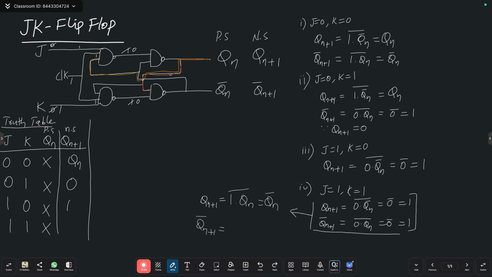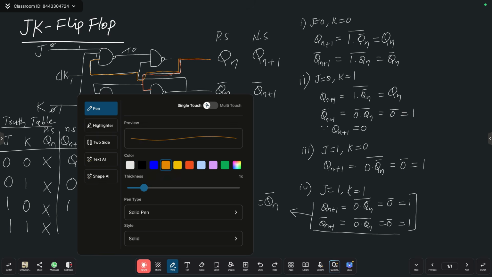If you do the same way for Qn plus 1 bar, again what do we need to take? 1 into 1, 1. So you need to take your toggle line, not the straight line. Toggle line you need to take. Here we have calculated up to this one. Now you need to take the toggle line for this. How are we going to do it? Tell me. One more color I will take, again yellow.